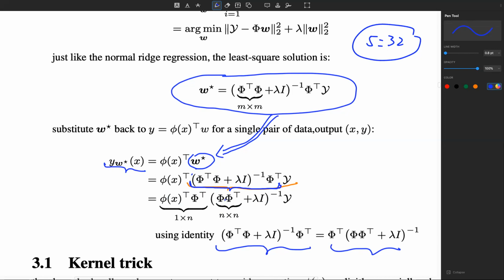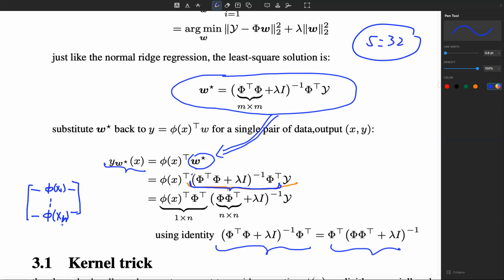Now, can I have a look to see that? Remember, by the definition of my phi, right? Each one of these is a data point, right? Phi x1, phi xn, yeah? So let me write it properly. Yeah, you get the idea.